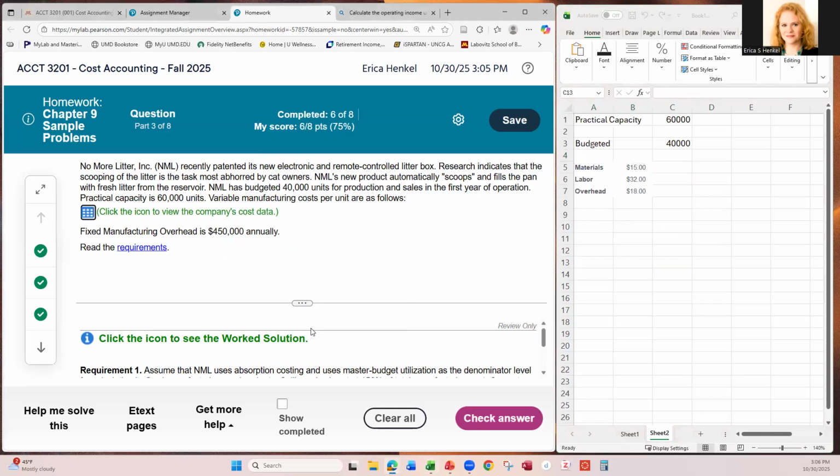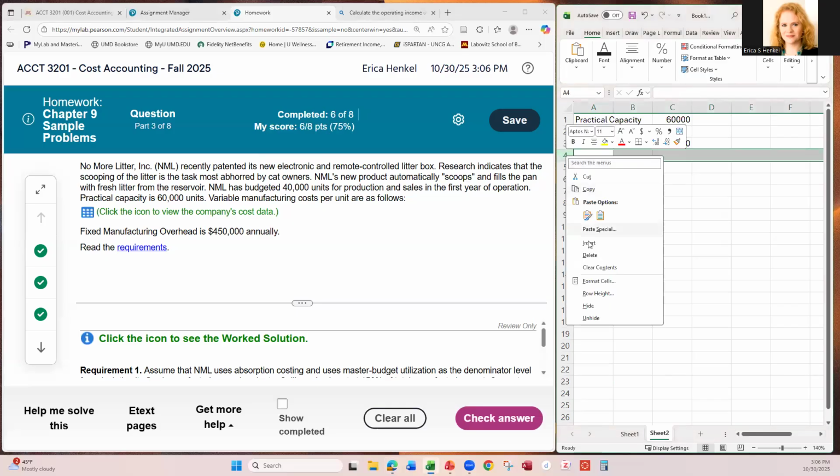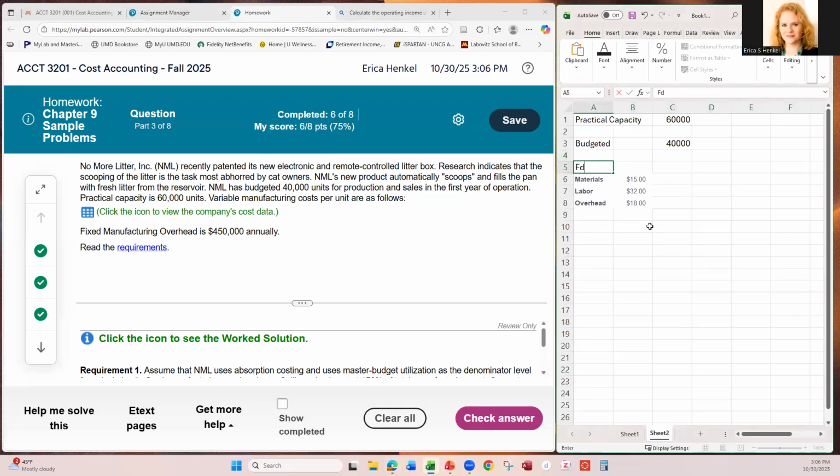Nothing crazy going on here. Okay, so these are on a per unit basis and they want, oh, fixed overhead. Let's put that up here too. Fixed overhead is 450,000.